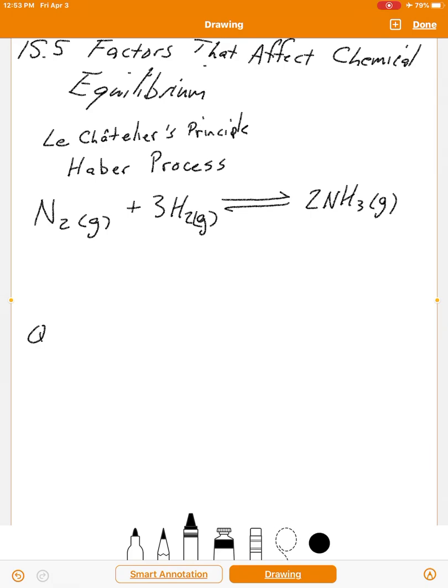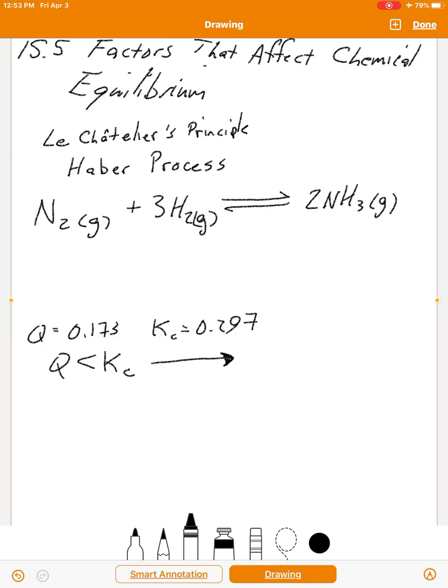See, Q is 0.173 and K is 0.297. So that means Q is less than K, right? If Q is less than K, what did we say in the previous section? The reaction goes toward the products.